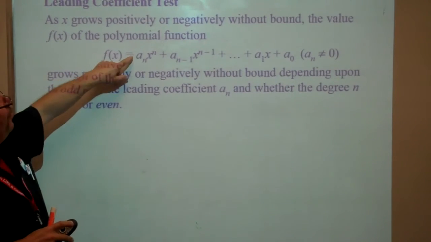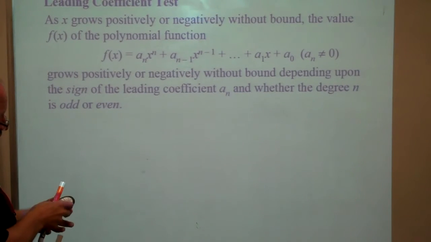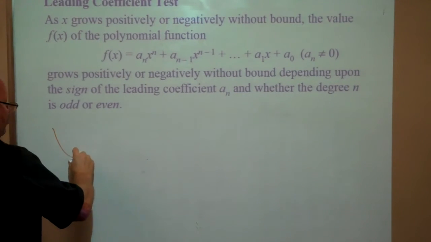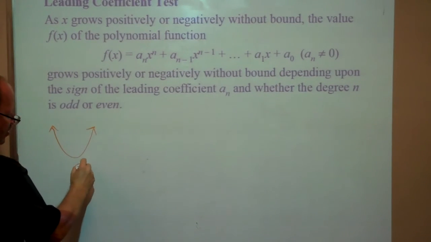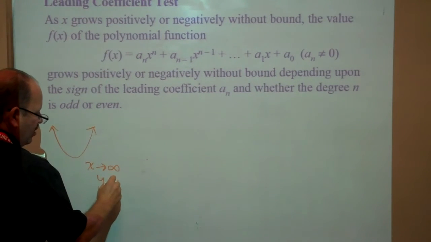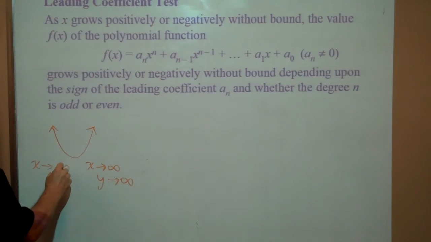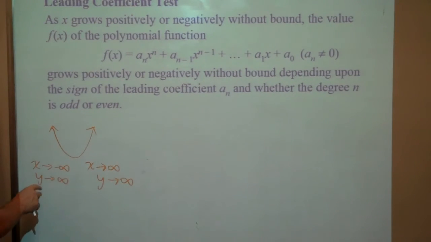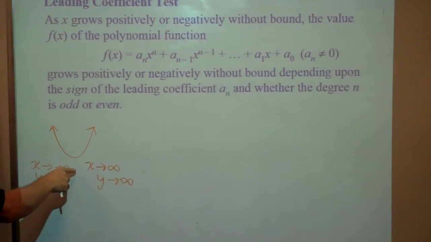In other words, if this was positive and it's even, well then it's going to grow without bound, without limit, up. As x gets bigger, y gets bigger. As x gets smaller, y gets bigger. As x approaches infinity, in other words, goes up and up and up, then y goes up and up and up. This is when it's even.